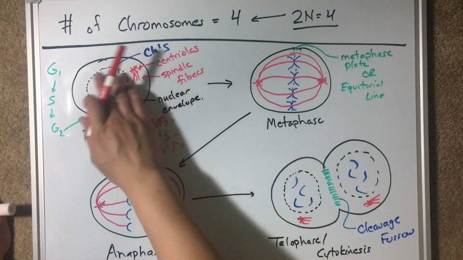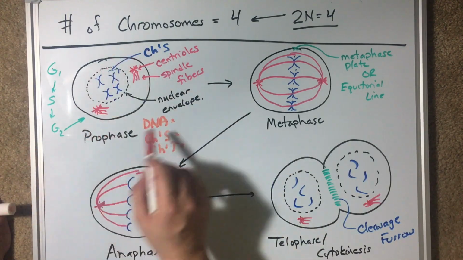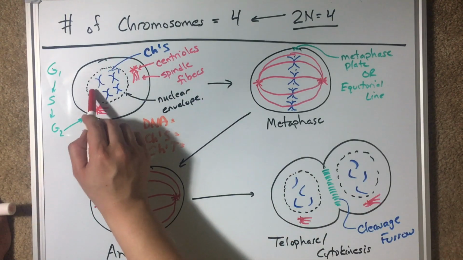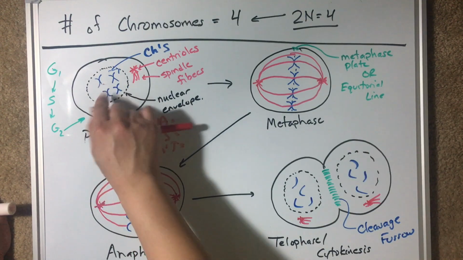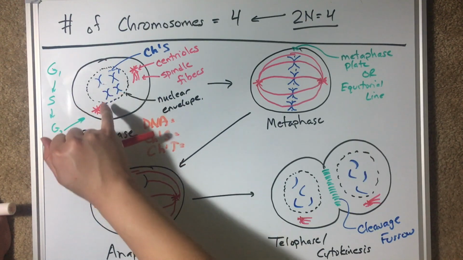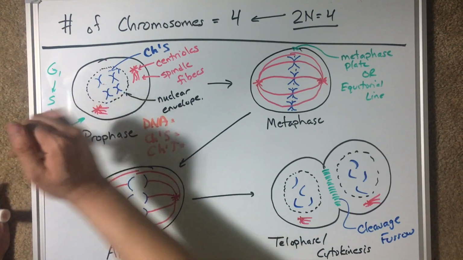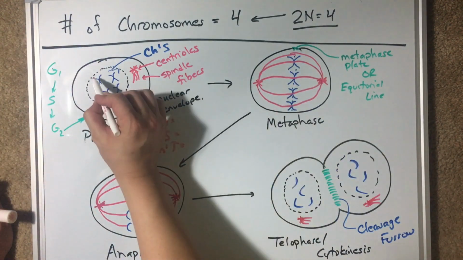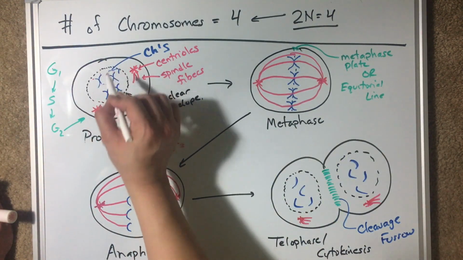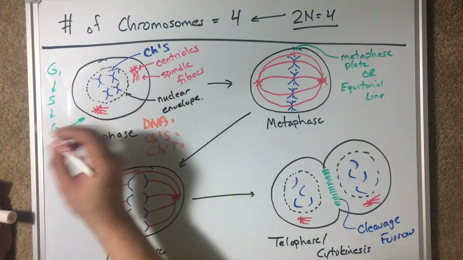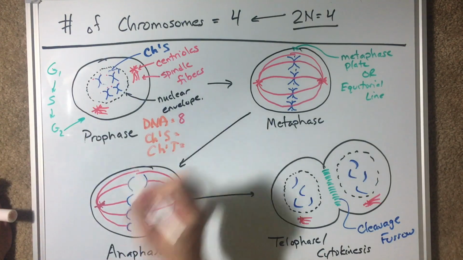Well, in the nucleus, I have DNA here. Let me count that one more time. DNA molecules: 1, 2, 3, 4, 5, 6, 7, 8. There's 8 of them there.